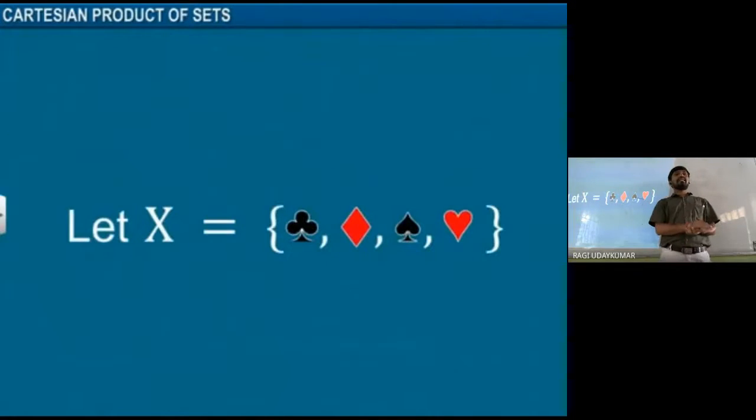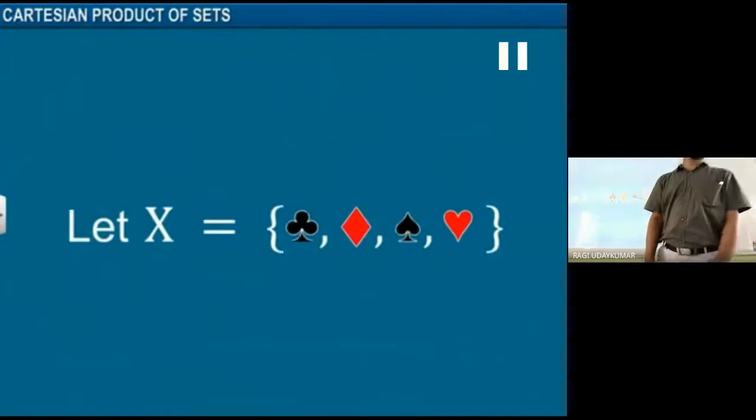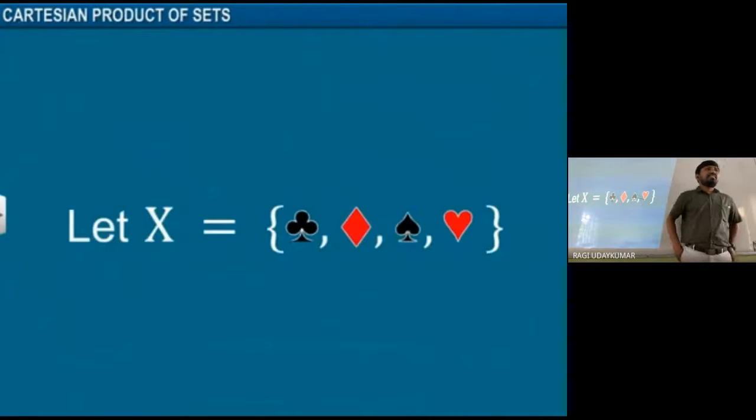Now let us consider X. What are these symbols? Can anyone say? These are cards, which normally appear in probability. The first symbol is called a club.